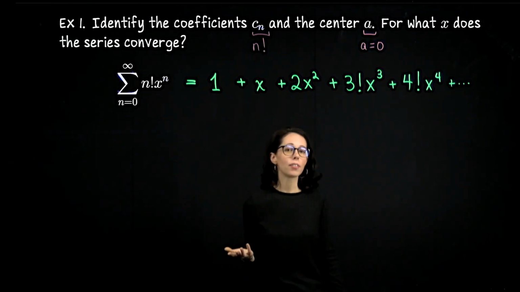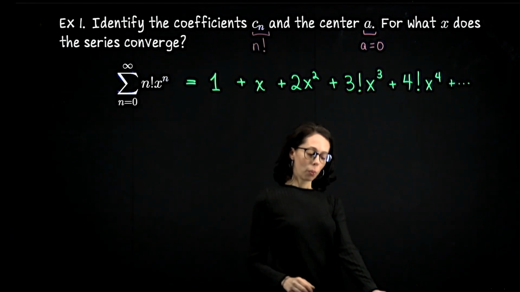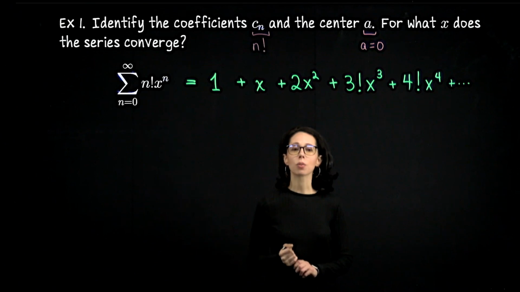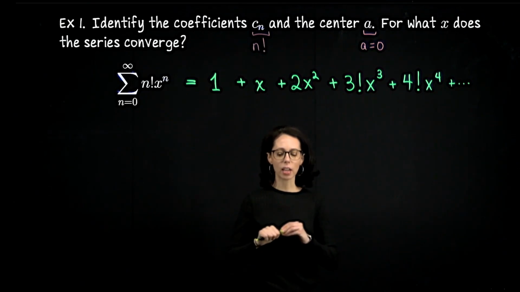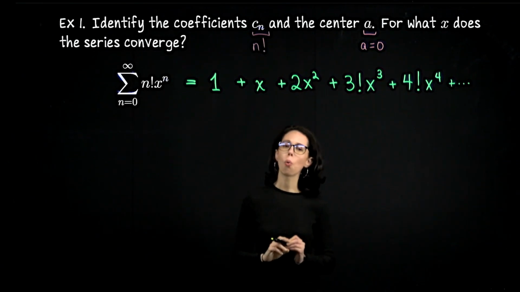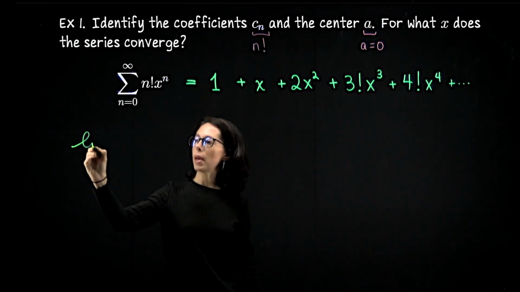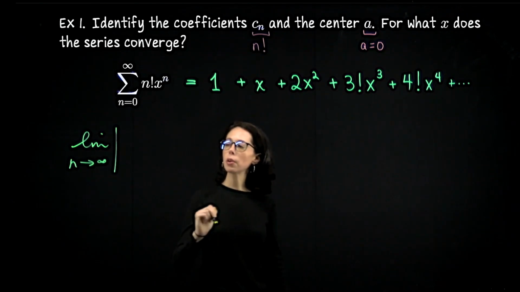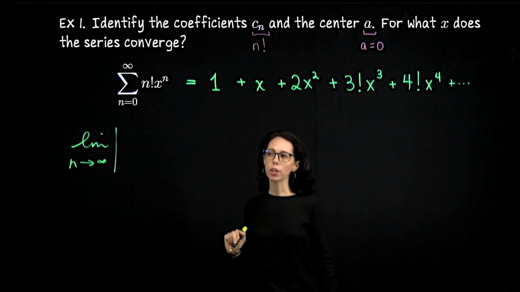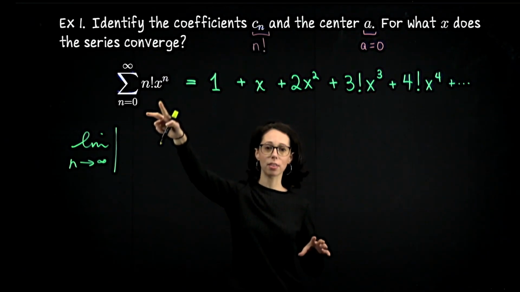Are there any other values of x that would provide convergence? What I recommend doing here is the ratio test. So let's work through the ratio test, and I think I'll do the computation and then explain why it was helpful. So for the ratio test, what we're going to do is take the limit as n goes to infinity of the absolute value of the ratio of the form of the n plus 1th term in our series expansion to the nth term.